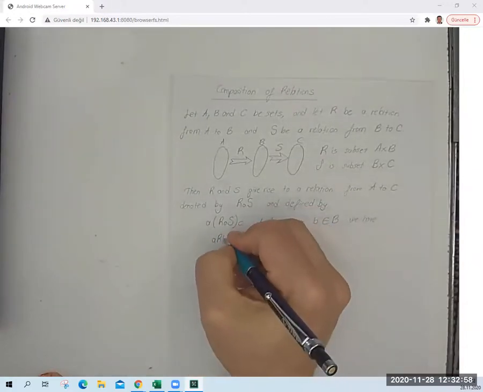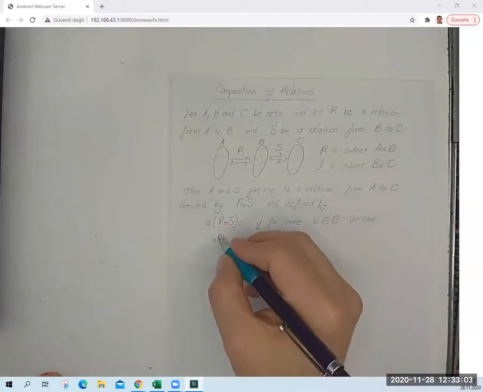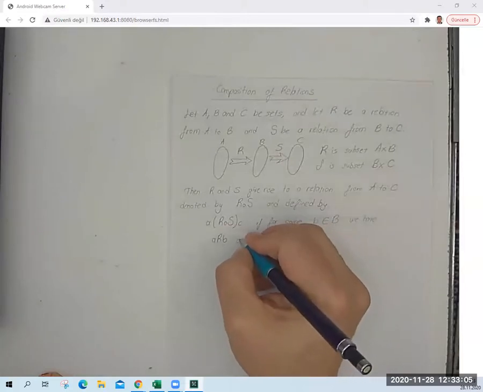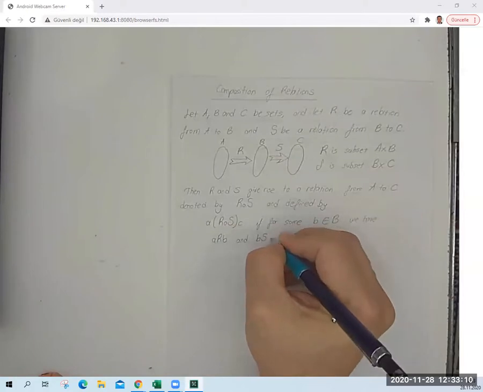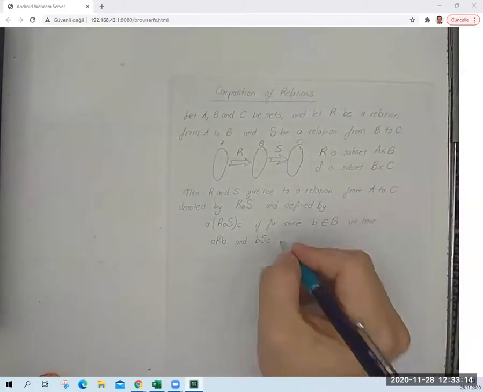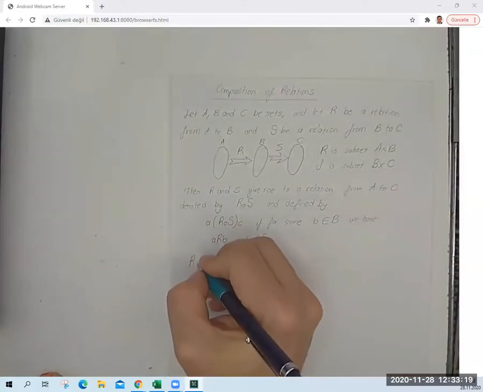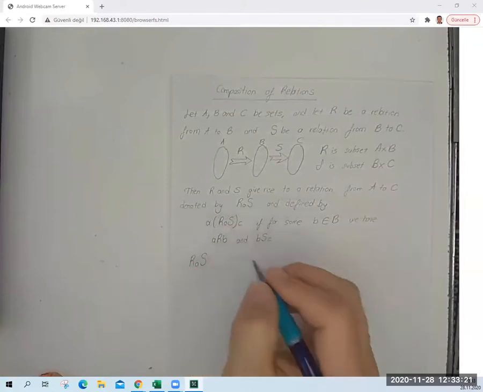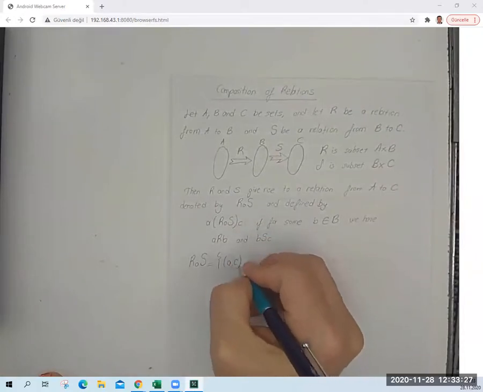So I will say R composed with S contains the AC pair in that composition.